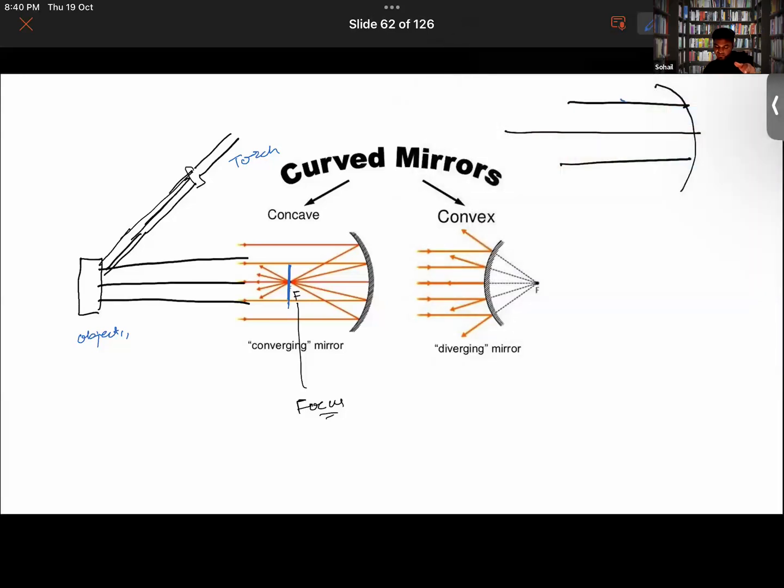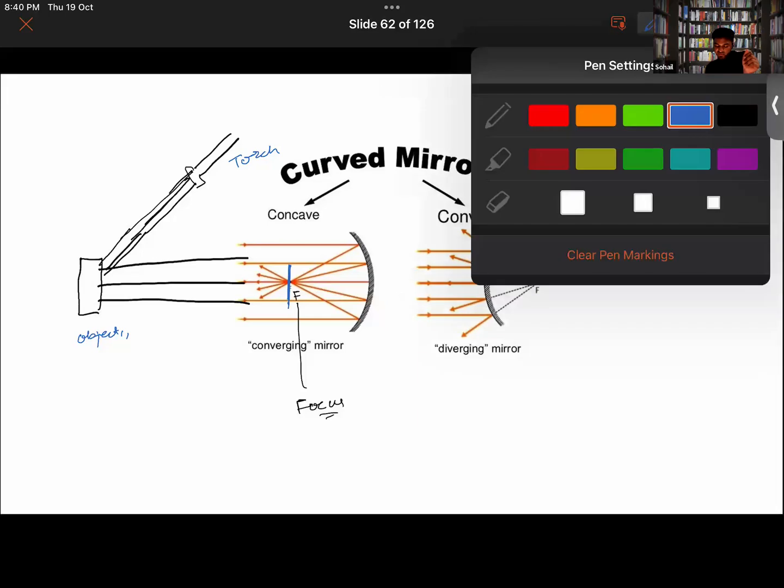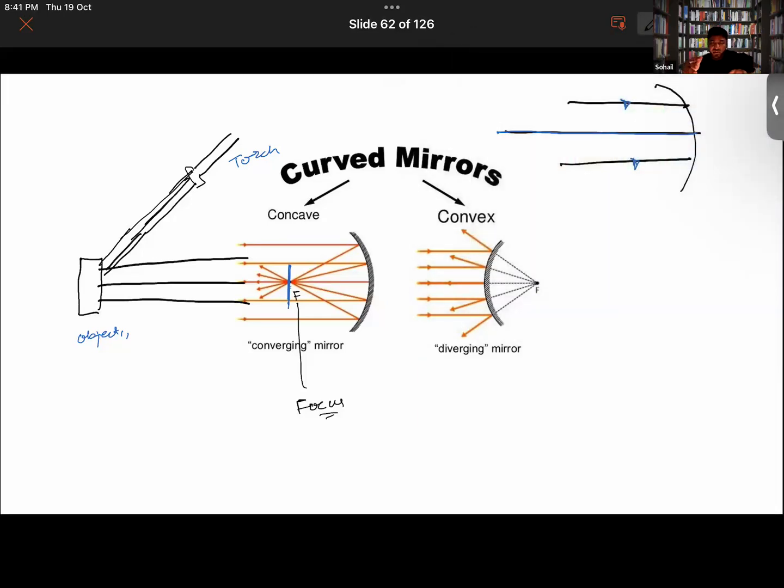Suppose these two light rays are incident on it. Actually, let me tell you a few things regarding a curved mirror. This curved body of the curved mirror, we call it the aperture. What do we call it? Aperture.